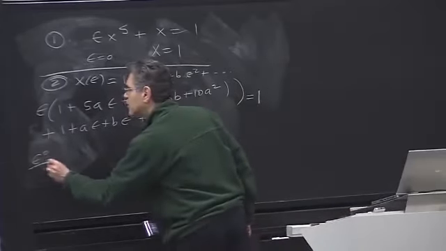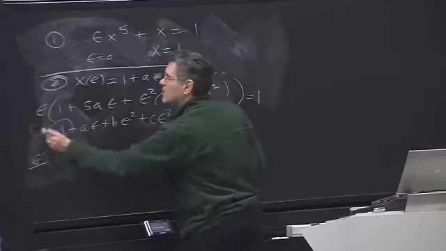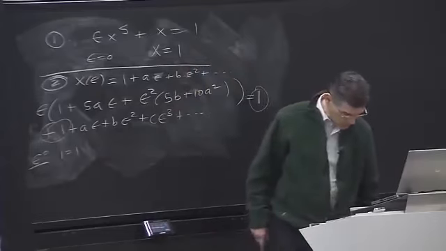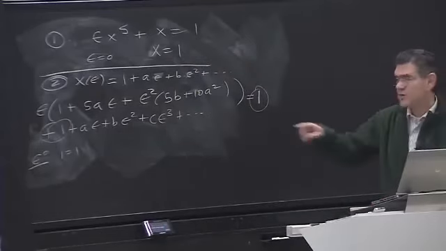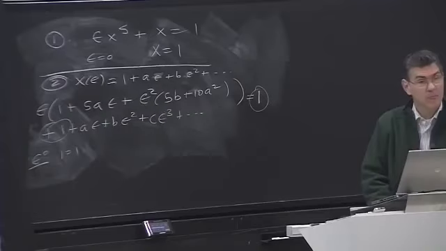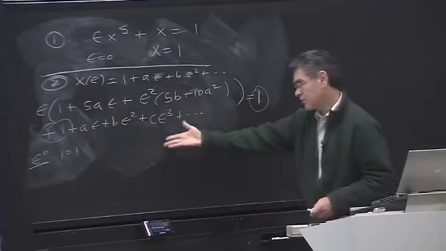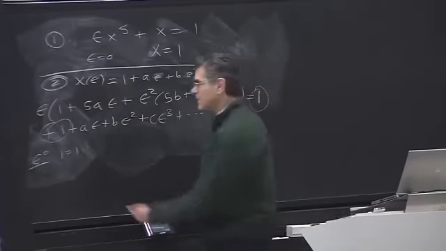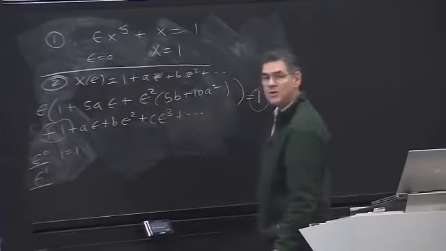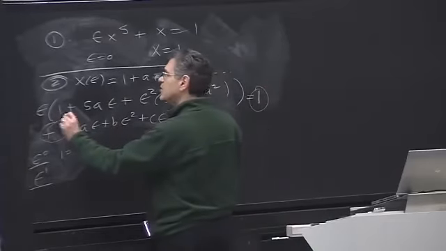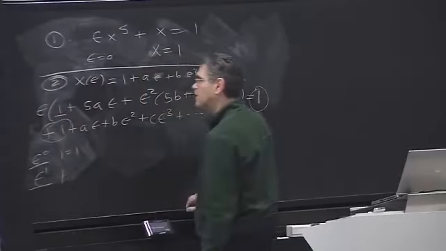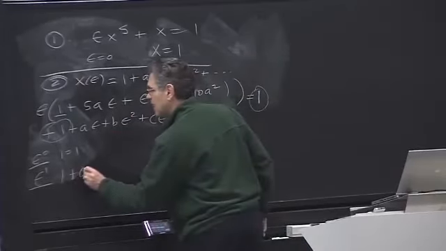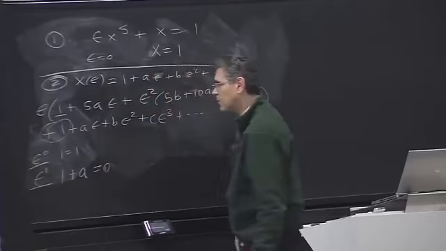So epsilon to the 0, the coefficient of epsilon to the 0 on the left is 1 and on the right is 1, so the equation becomes 1 equals 1. And that had to work because this is the unperturbed problem. We've already solved the unperturbed problem, so this is merely telling us we haven't made a mistake yet. Okay? And here's the epsilon to the 1st power. So let's see, there's one term over here, which is just 1. Here's an a epsilon, 1 plus a is equal to 0. Good.